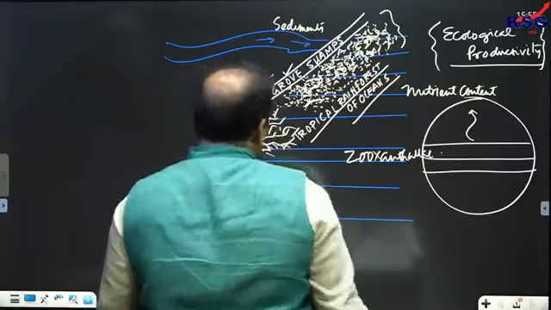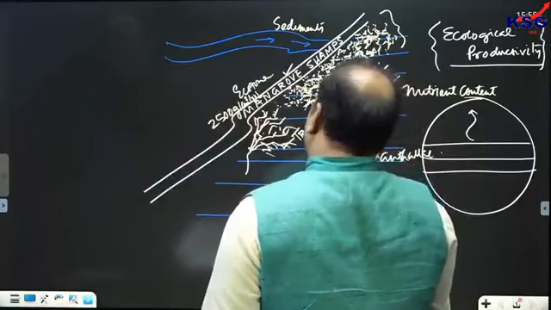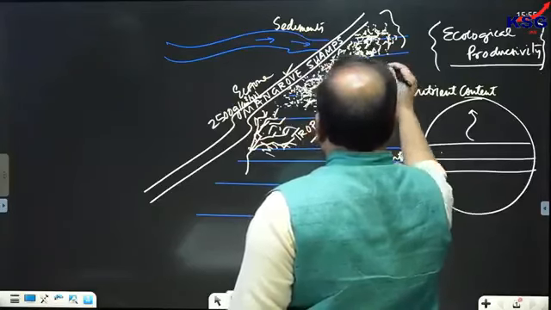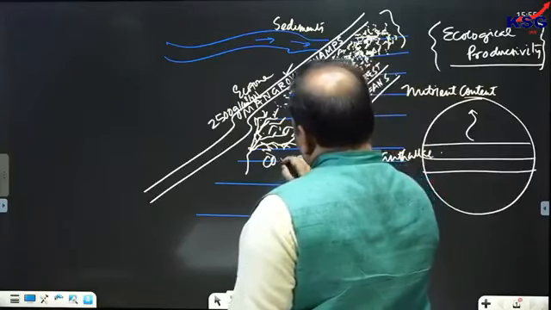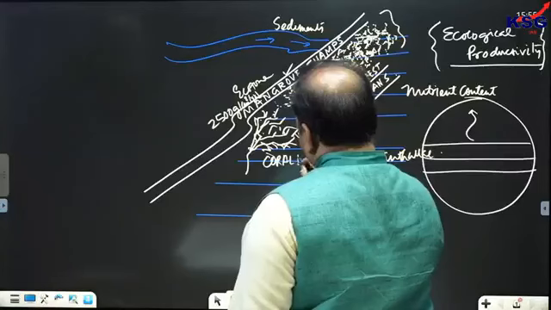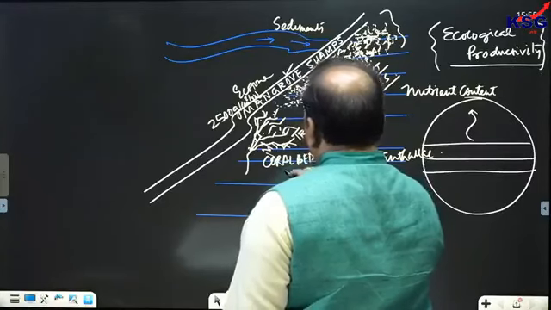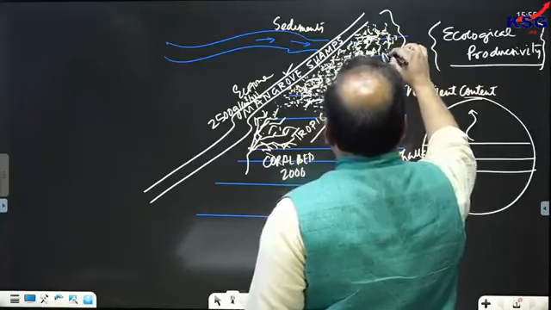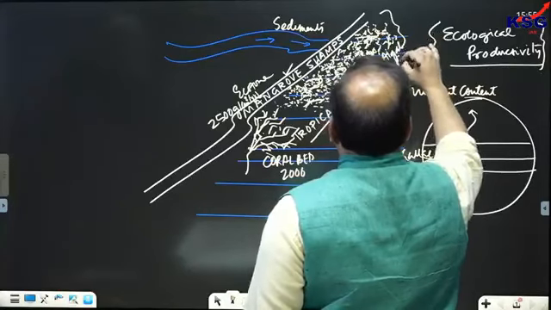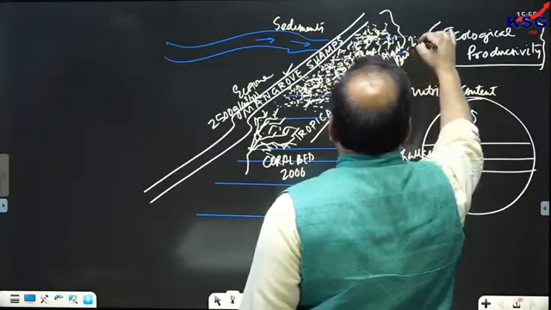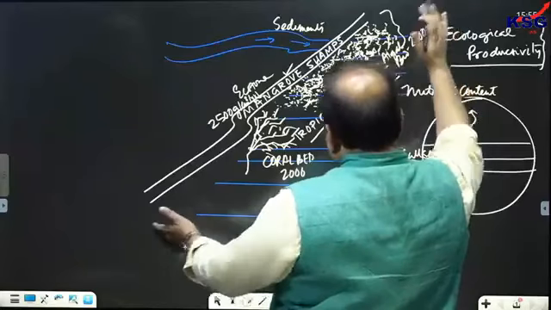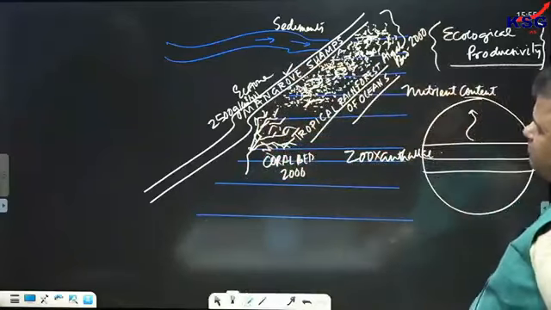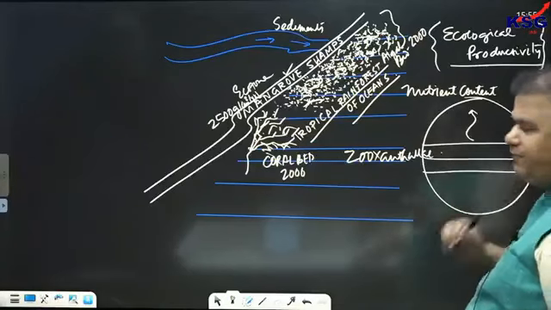But the coral bed itself has an ecological productivity of 2000, and the algal bed itself would have an ecological productivity of 2000. So if we take the combined ecological productivity of this area, it's greater than mangrove swamps.